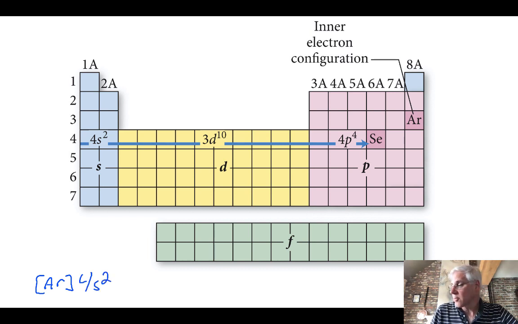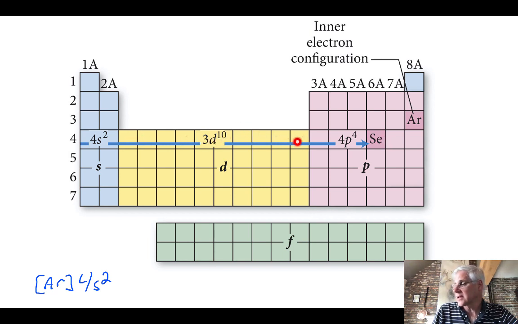After we pass through the S block, we now enter the D block. We have to be a little careful here, because remember, in the D block, the value of the n that goes in front of the D is the period minus 1. We're in the 4th period, so 4 minus 1 is going to be 3. So this is the 3, and we have to go through all 10 of the D elements to get to selenium.